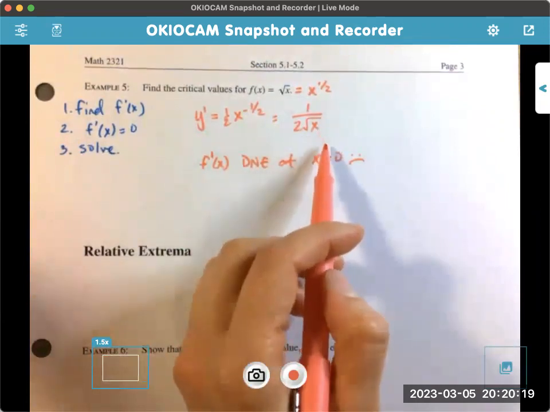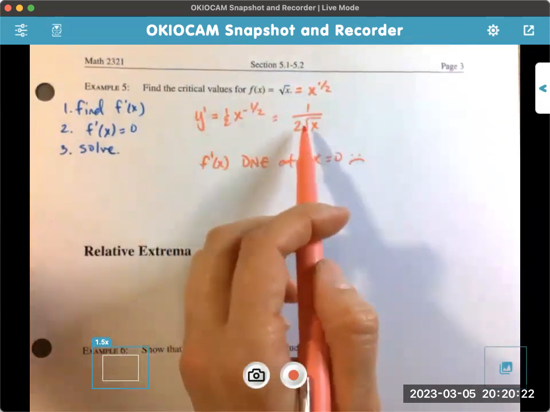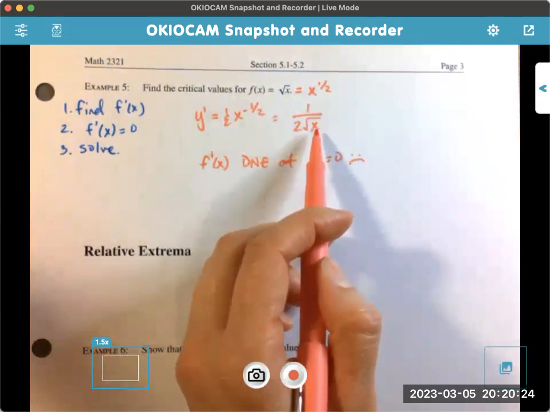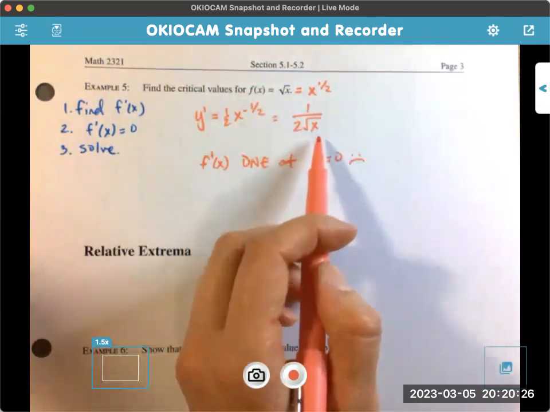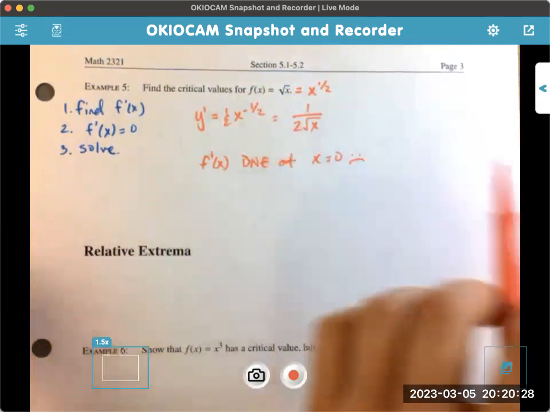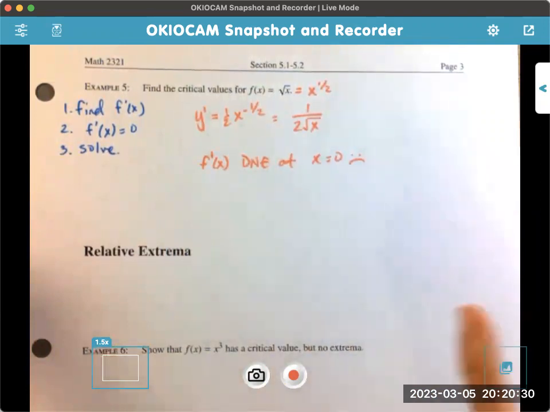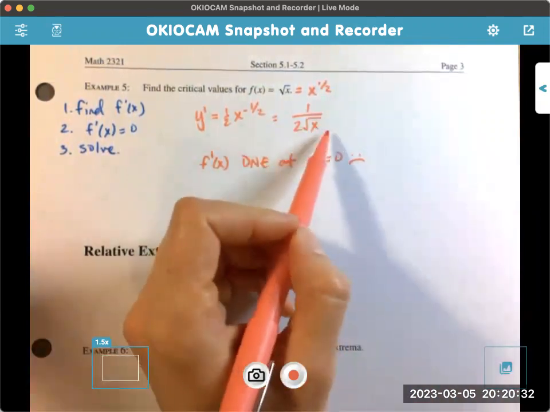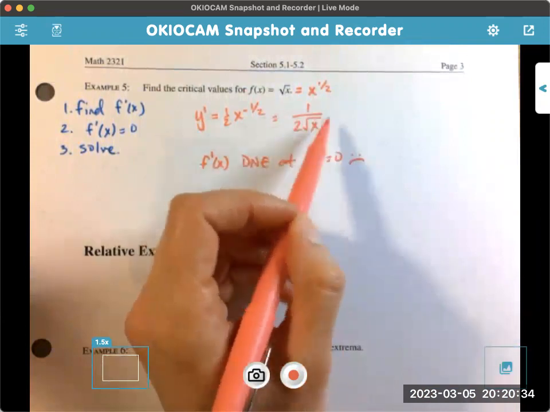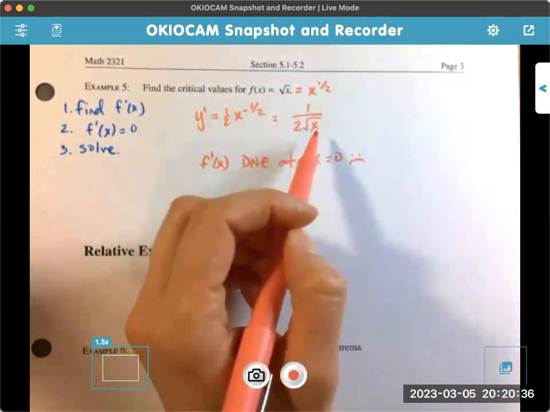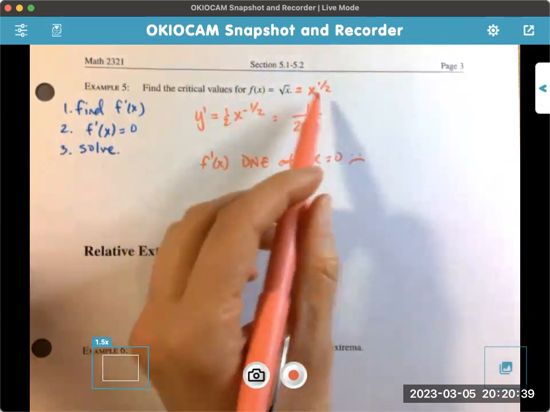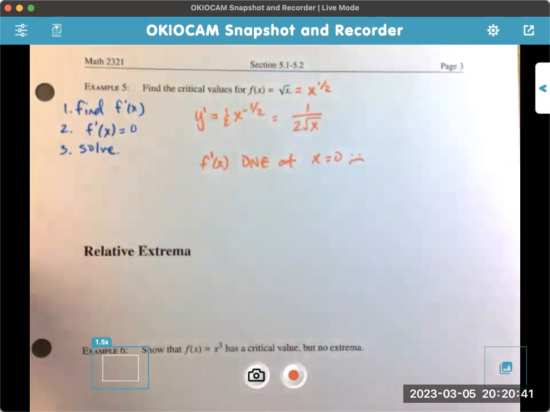If I set this equal to 0, we can't have 0 in the denominator, right? We cannot divide by 0. So in this case, it doesn't exist at that location.